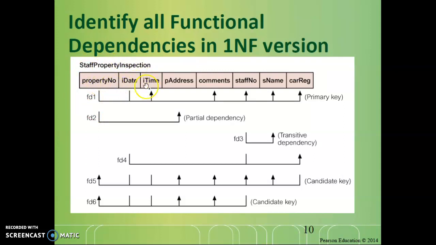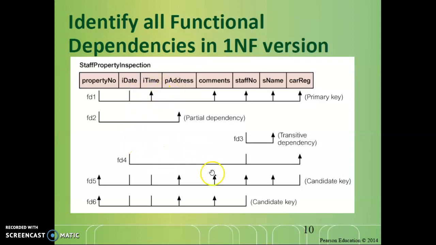If we know property number and inspection date, we can identify all the dependent attribute values. That is the final selection we made from the 3 sets of candidate keys. So this is the primary key, and if we know property number and inspection date together, we can extract all the information.